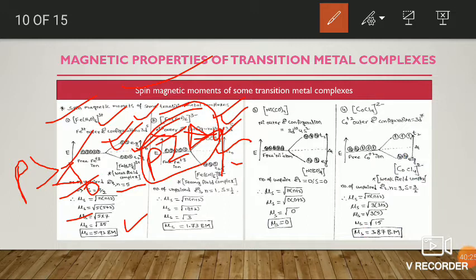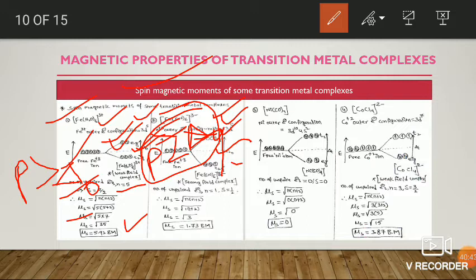So if we compare the energy gap with the pairing energy, the pairing energy is less than the energy separation. So the electrons easily enter into the T2G set only, that is, pairing of electrons takes place.